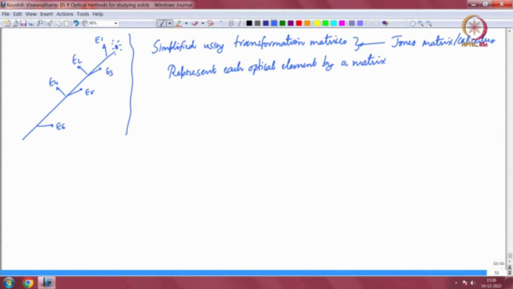So, for example, let us say the light coming from the source has some arbitrary orientation of its polarization, E0 bar. Then what a polarizer will do, if it is kept along the y axis, is correspond to a matrix that looks like this.